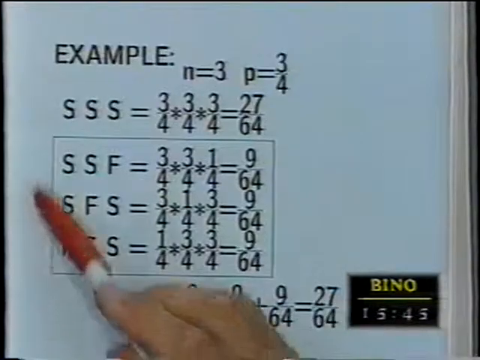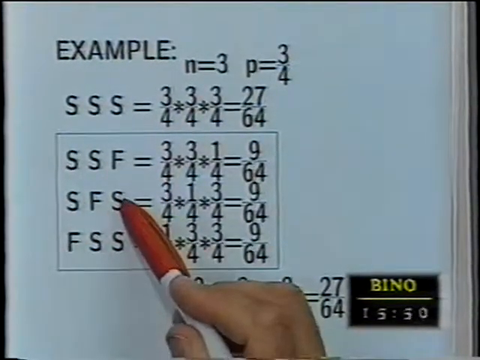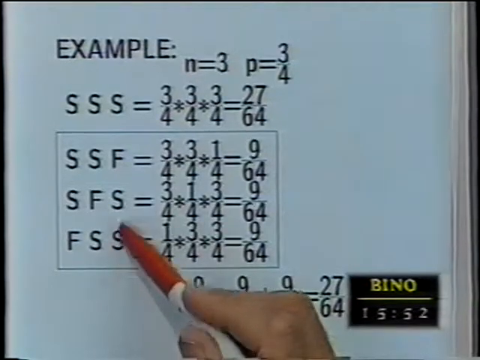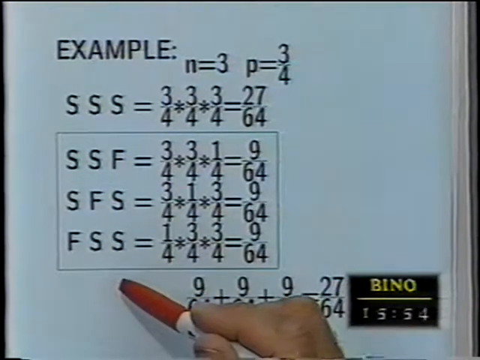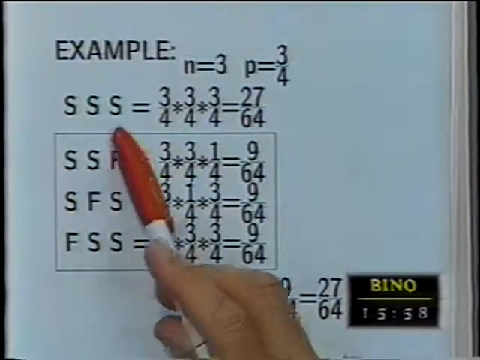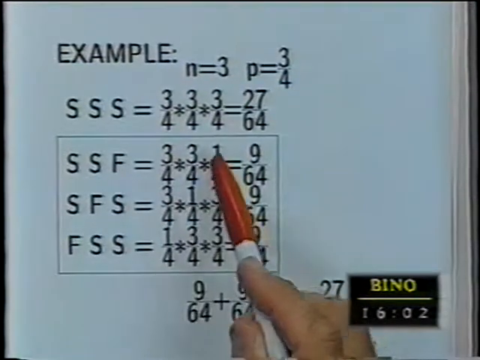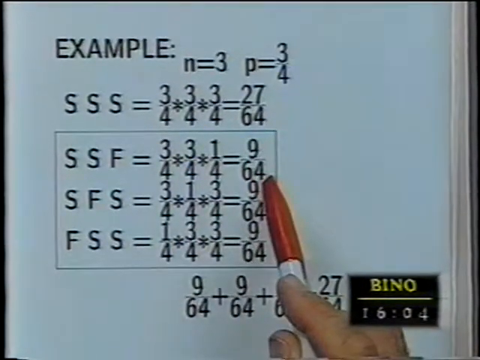Here's a bunch of ways to get 2 successes. 2 successes and then a failure, success, failure, success, failure, success, success. Those are the only ways you can get 2 successes out of the 3 trials. And you can get them 3/4 for this success, 3/4 for this success, 1/4 for this failure. So that's 9/64.